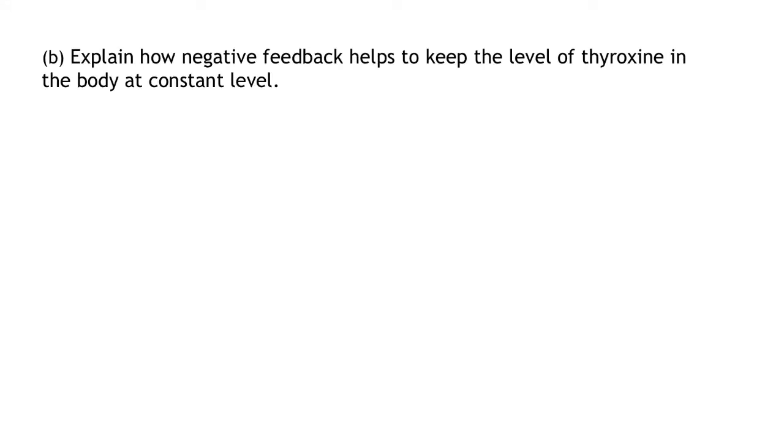Question B. Explain how negative feedback helps to keep the level of tyrosine in the body at constant level. This is understanding question, 3 marks. The keywords used in this question are explain how, and the hormone involved is tyrosine.